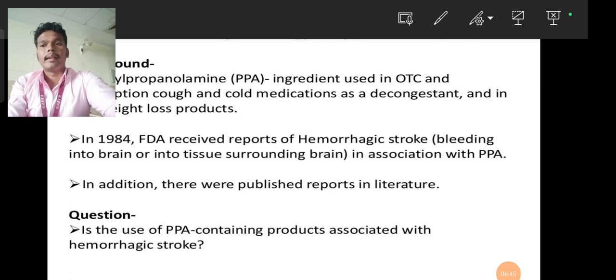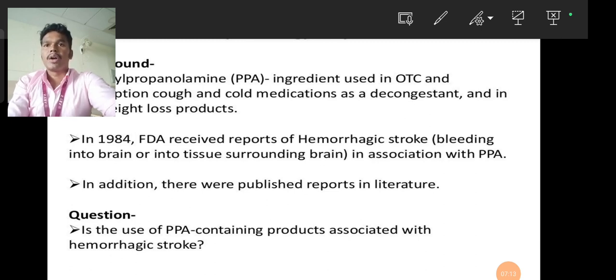In 1984, the FDA received reports, which means a signal, of hemorrhagic stroke, which means bleeding into the brain or into tissue surrounding the brain, in association with this drug. In addition, there were published reports in the literature. So the question is: is the use of phenylpropanolamine-containing products associated with hemorrhagic stroke?